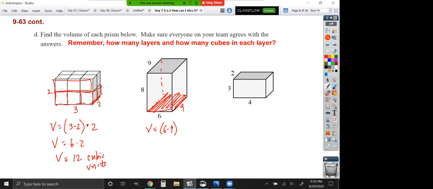There's going to be 54 in the bottom. And how many layers high is this going to stand? That's going to be times 8. So the volume of this will be 54 times 8, which is 432 cubic units. Now I'd like you to go ahead and do the third one on your own right now. I'm going to give you just about 15 seconds.